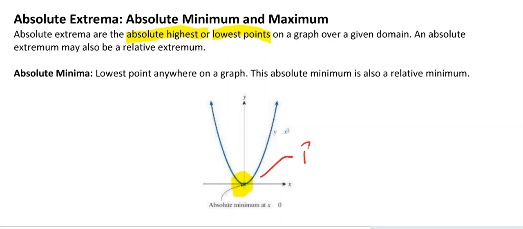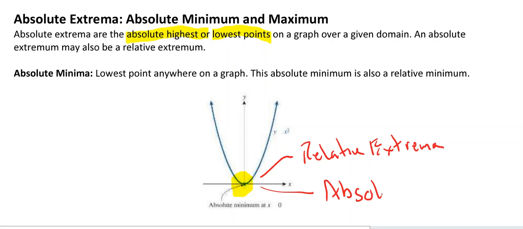So therefore, it is a relative extrema, but it is also an absolute extrema. It is an absolute and a relative minimum point. It can be both. So let's take a look at an example like this.